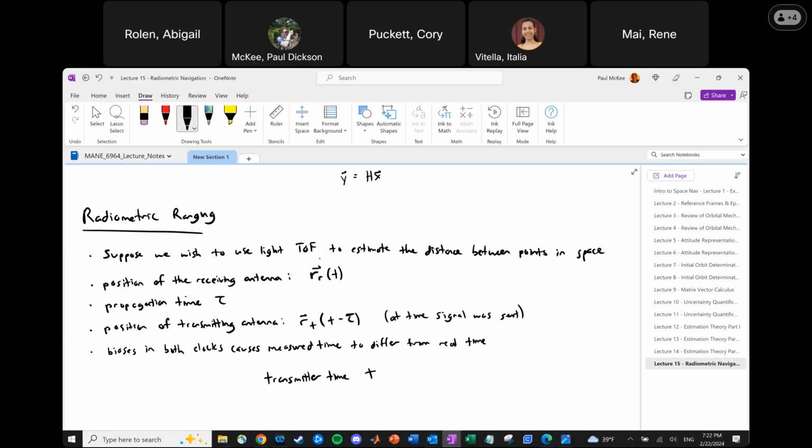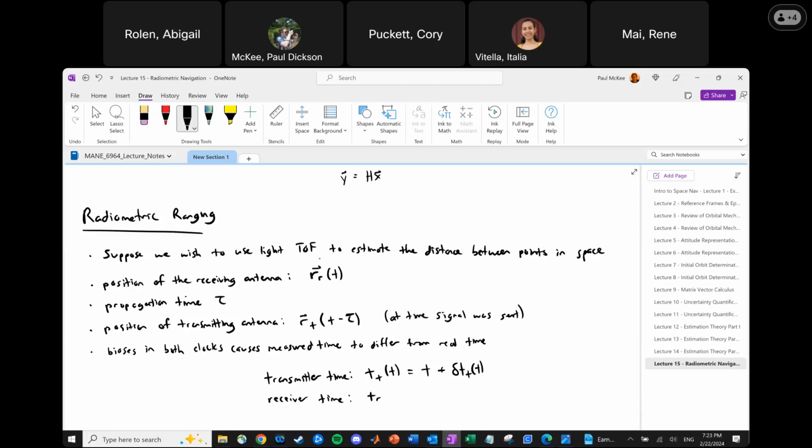The time at the transmitter, which is itself a function of time, is equal to t plus delta t_T of t. Like, hey, dog, I heard you like the letter T, so I put some more letter T's in your equation. So the transmitter time is the actual time plus this delta transmitter time, which is also a function of time, and that's the bias term. And it's going to make a little bit more sense when we talk about receiver time, I hope.